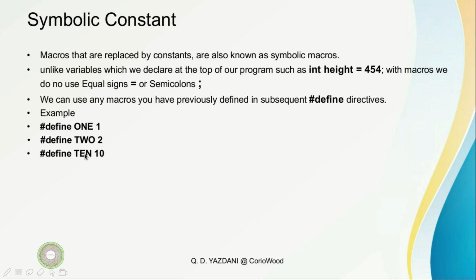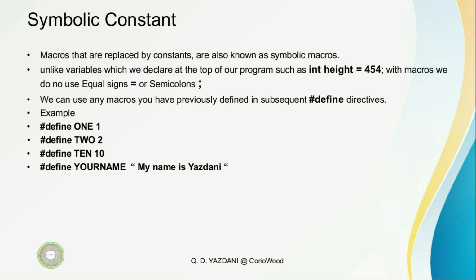We don't put a type in front, so we just put define 1, define 2, define 10. Every time the C++ compiler encounters this 10, it immediately substitutes it.